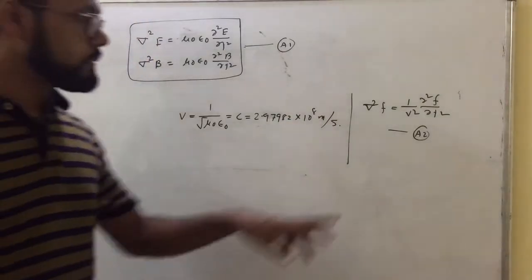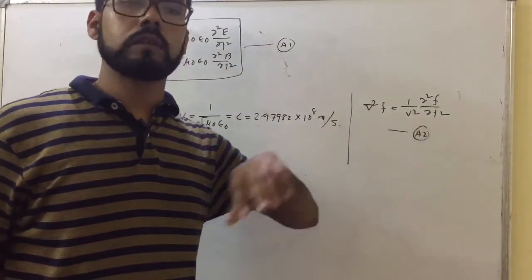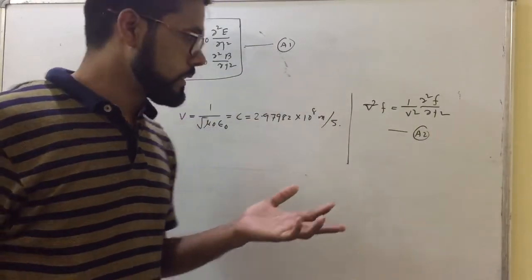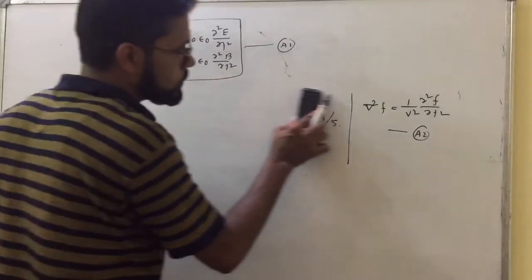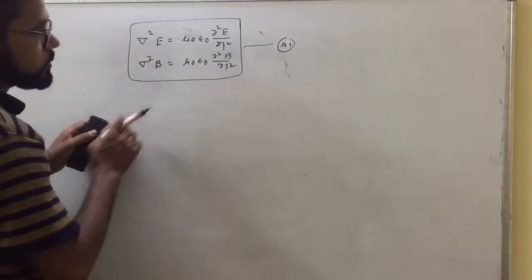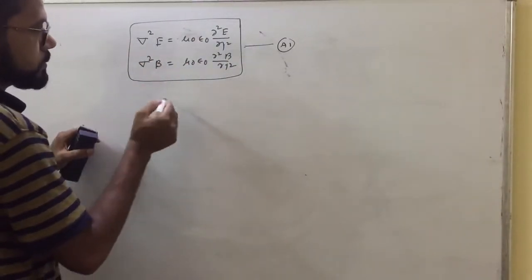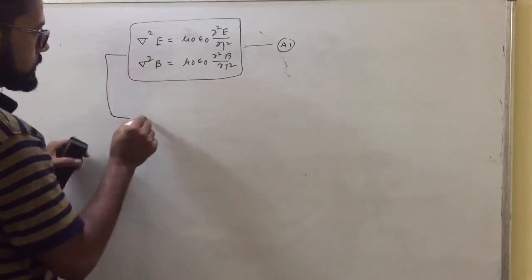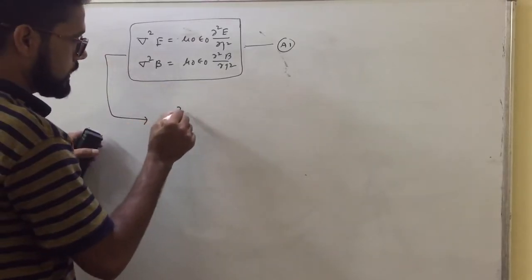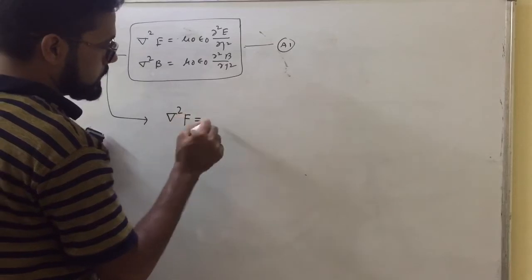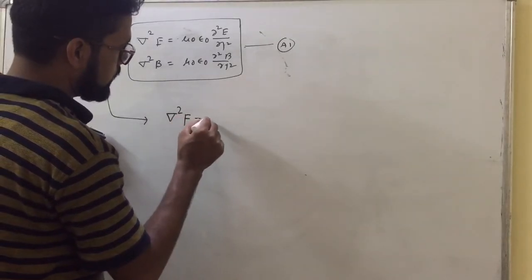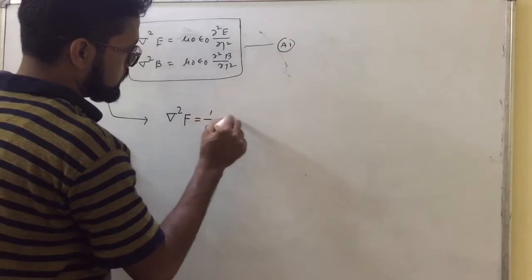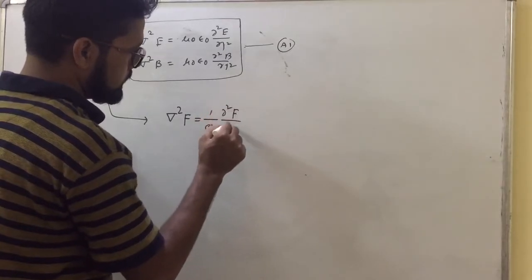Now the problem is that because this is V square, there will be two possible solutions. Two possible solutions means general solutions of the wave equation. Suppose if I generalize this equation like that, of course, del square F equal to 1 by C square del square F by del t square.